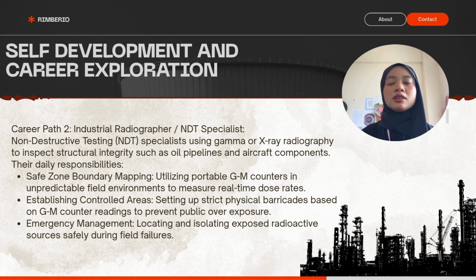Because they work with raw radioactive sources in unpredictable field environments, they must use portable GM counters as life-saving tools. They sweep the area to calculate real-time dose rates, allowing them to map out strict boundary lines and isolate the control area to prevent public exposure and to prevent accidents or anything that could become dangerous to the public.